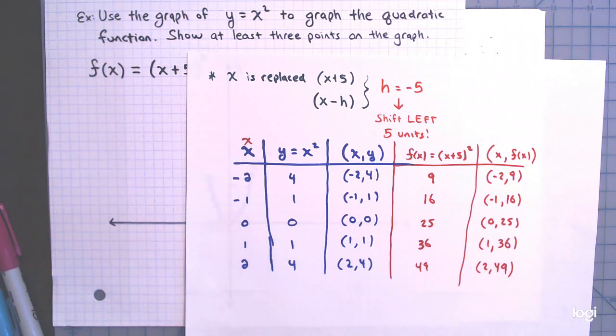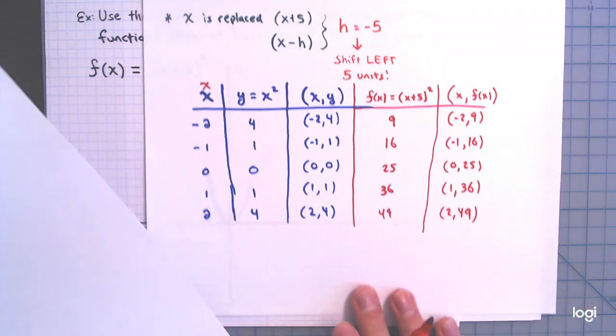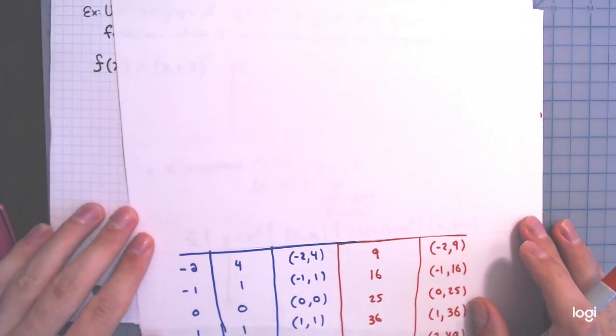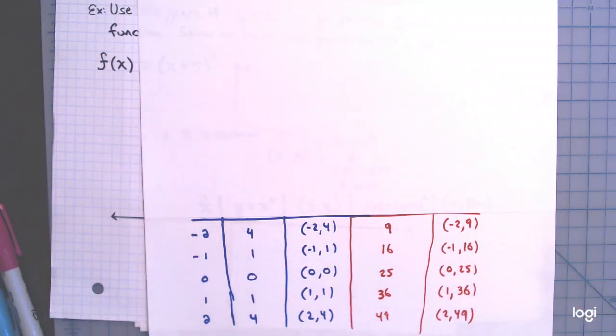So if I were to actually, I'm going to extend the table a bit. All right. And I'm going to extend the table upwards, and then we'll see our shift of 5 units. So let me draw this again.